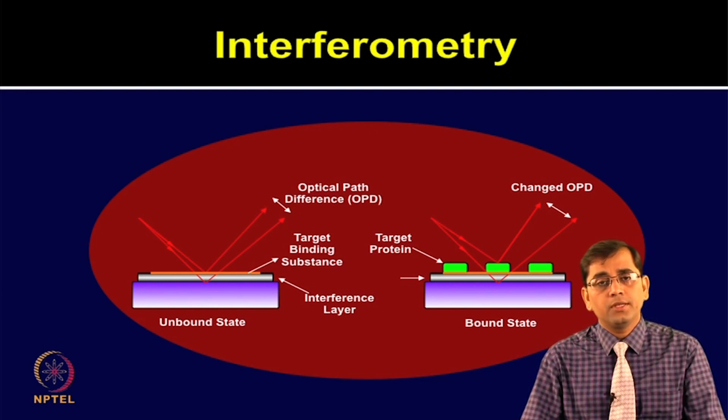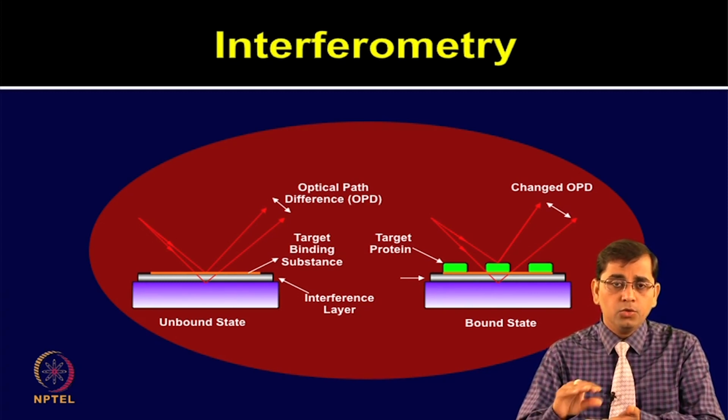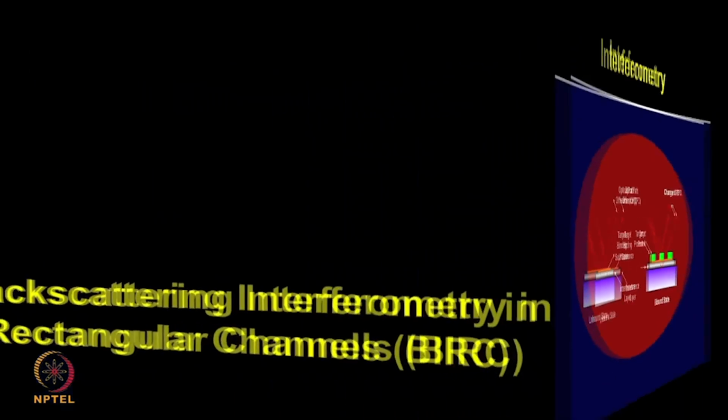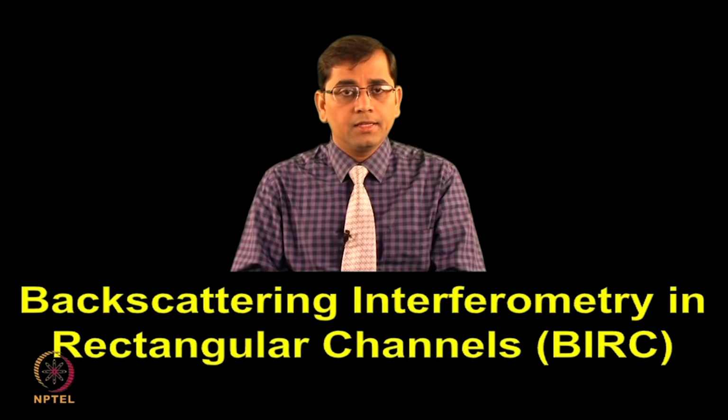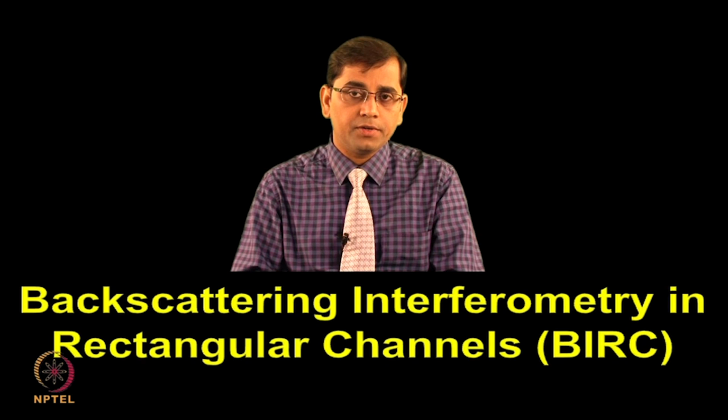So, the biomolecules are printed on this surface. The left hand panel shows the unbound state, the right hand panel is showing the target protein bound state. The optical path length difference, which is caused because of target protein binding to the biomolecule printed on the surface, is measured here.